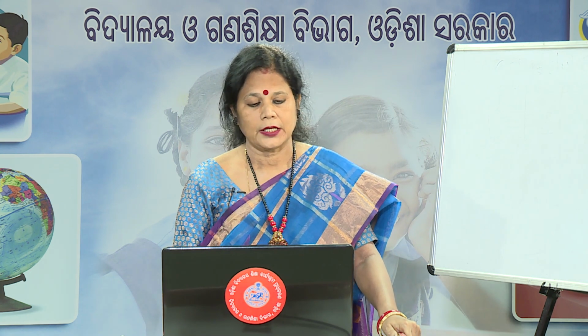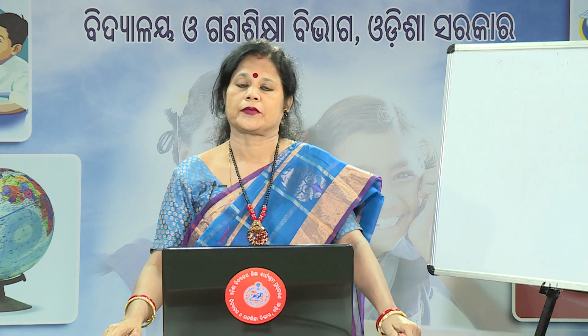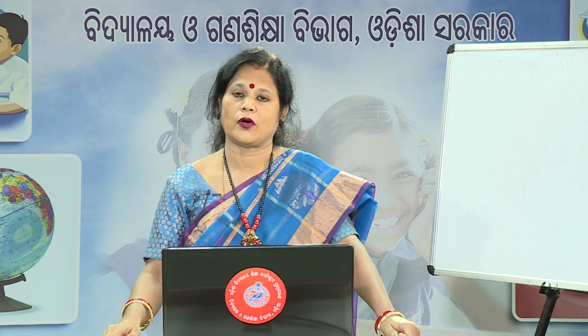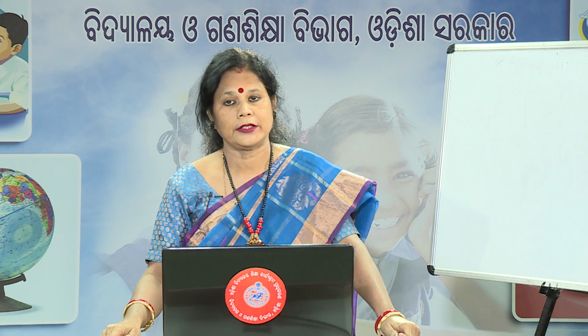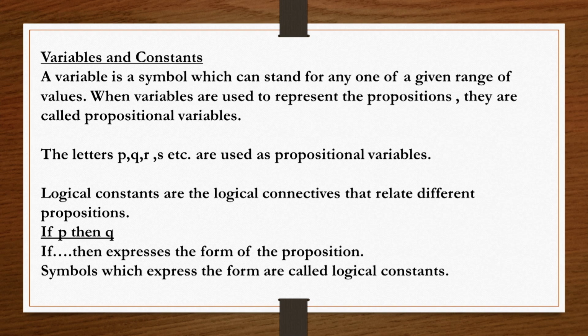Okay. So now the last characteristic of symbolic logic, the use of variables. What is this variable? Variable means whose meaning is not fixed. The meaning varies, the meaning changes from time to time, that is called variable.